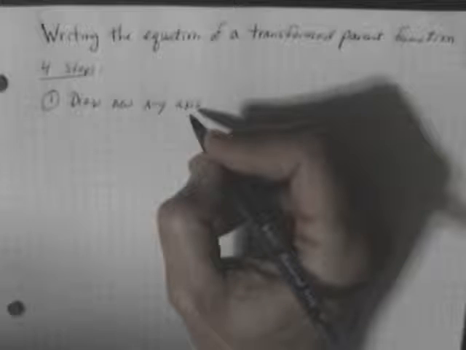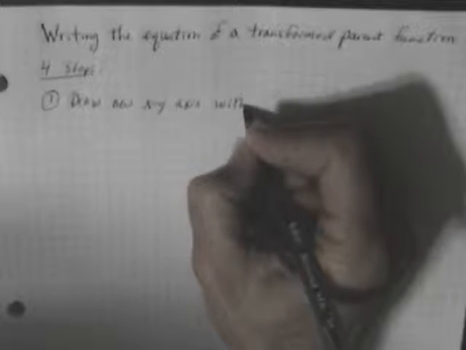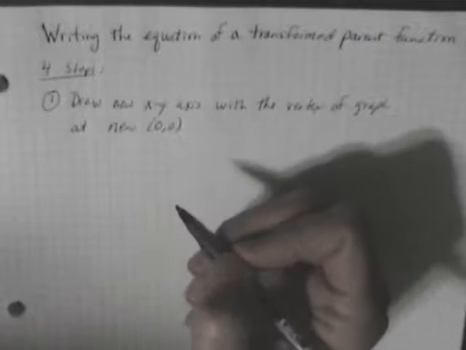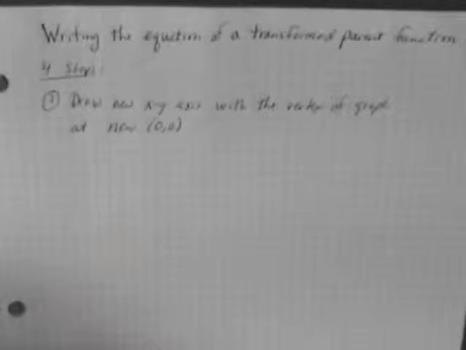And this new XY axis will have 0, 0 be at the vertex of the transformed function, with the vertex of the graph at the new 0, 0 point when you've drawn your new XY axis. And this is what I mean by step 1.